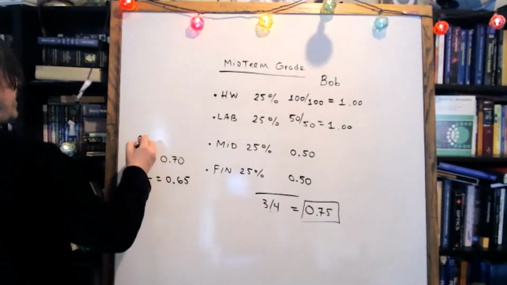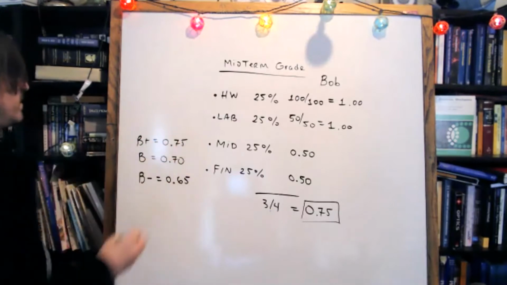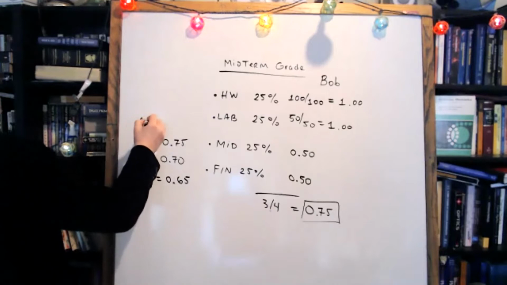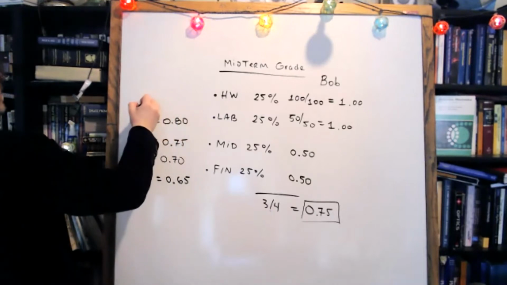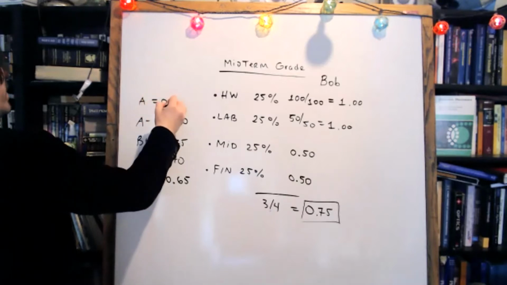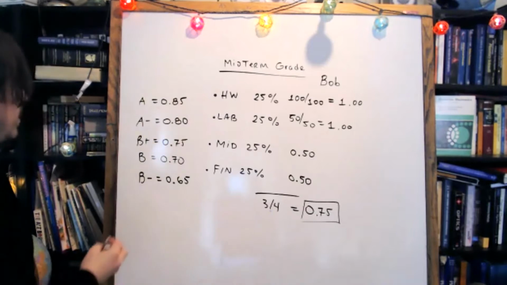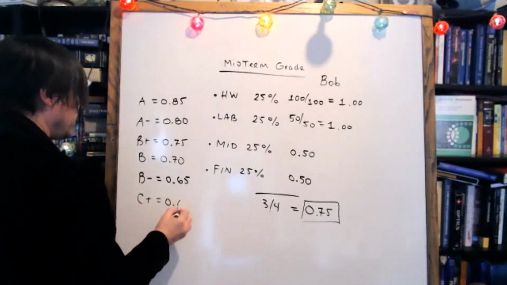B is a 70%. B plus is a 75%. A minus is 80%. Anything over 85% is an A. There's no such thing as A plus at CCRI. Then there's C plus, 60%.